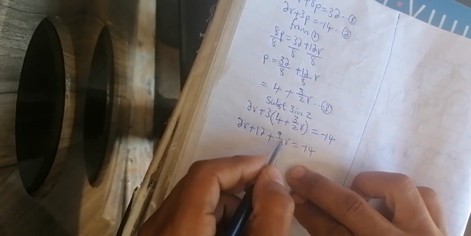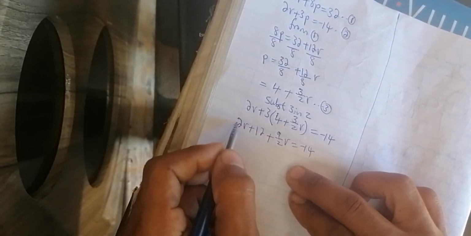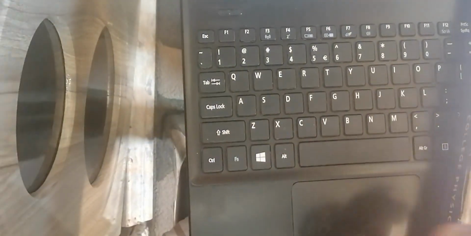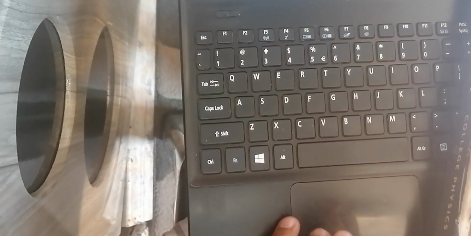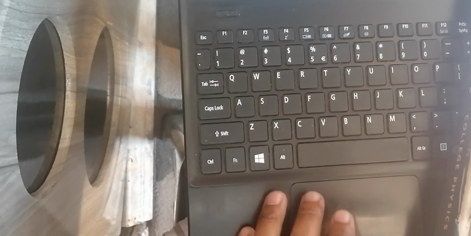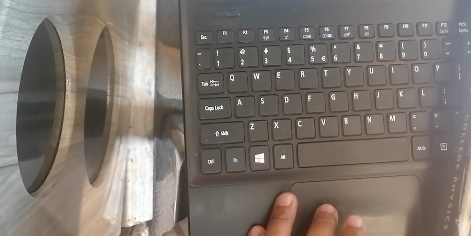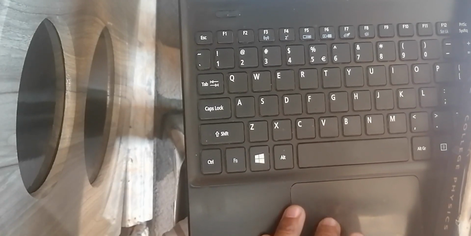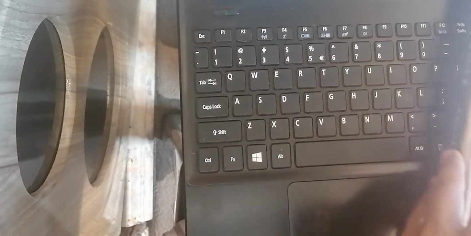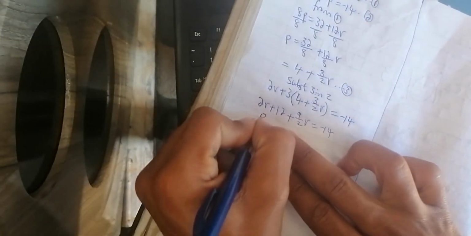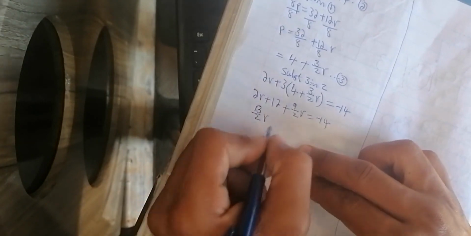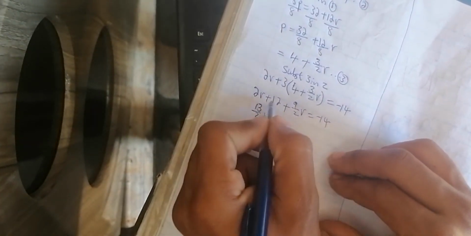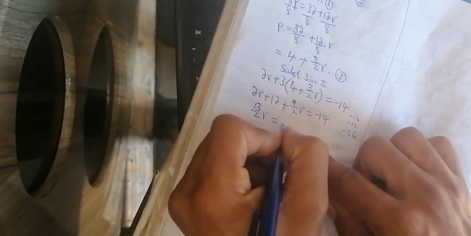And then from there, these are like terms, therefore I can find the answer. 2 plus 9 divided by 2 is 13 divided by 2. 13 divided by 2R equals minus 14 minus 12. That should give us minus 26.